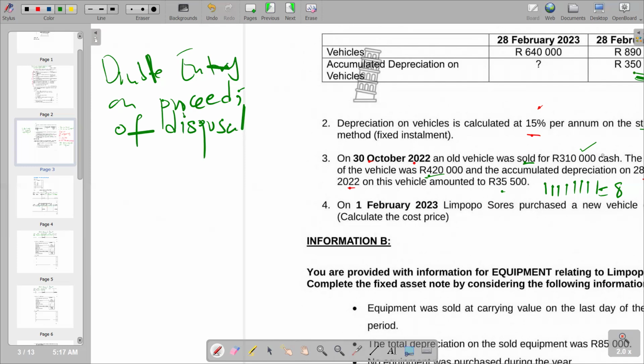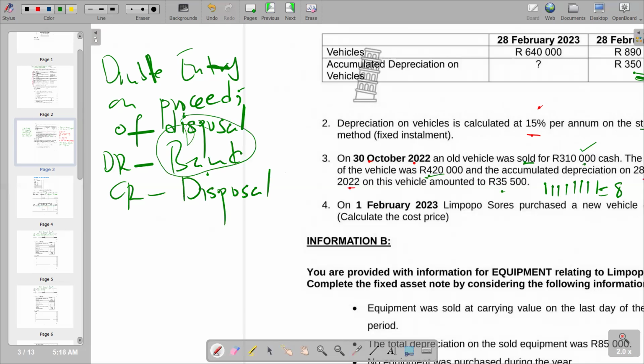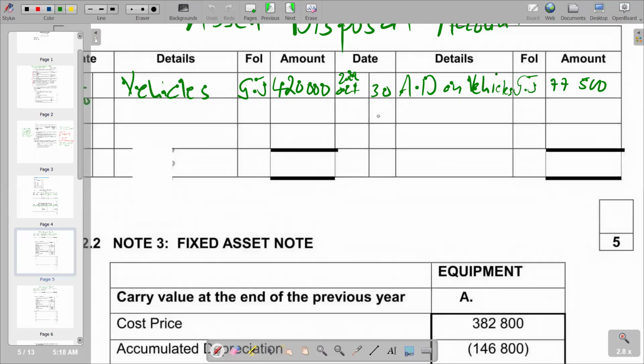Here we sold for 310,000 cash. Remember, we are receiving cash, obviously we debit the bank, and then we credit disposal. According to the question, we do not have the bank account that is required in the question, so we can ignore this part, but we are supposed to credit disposal, which then we are going to say bank 310,000.